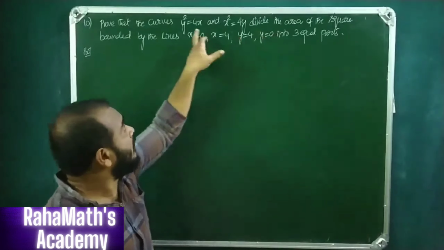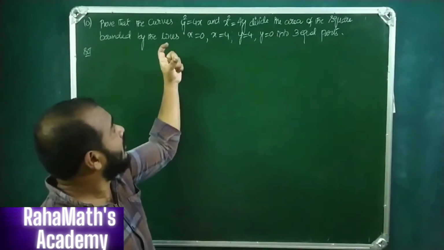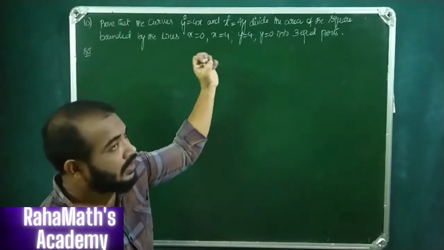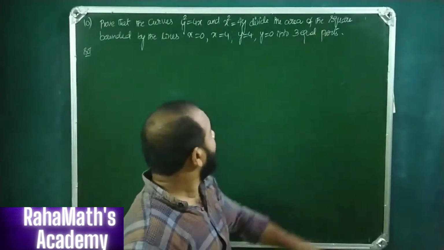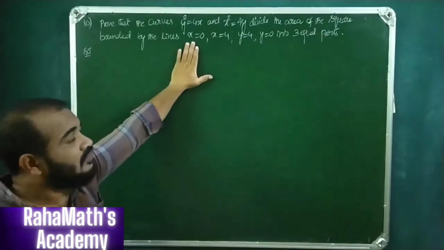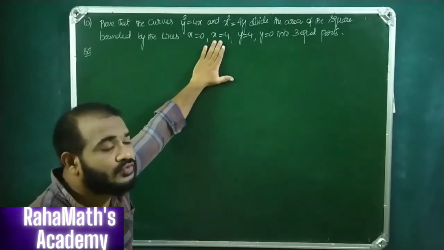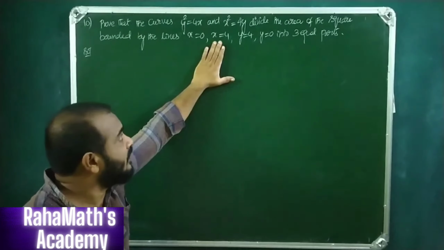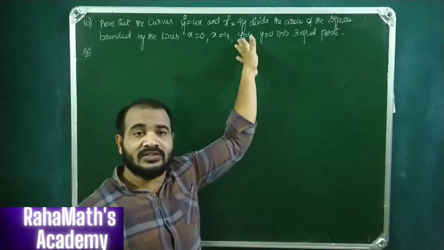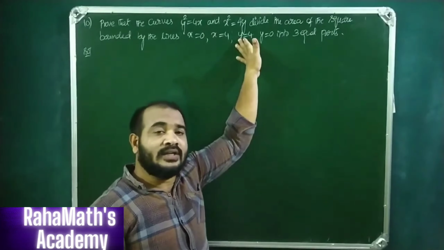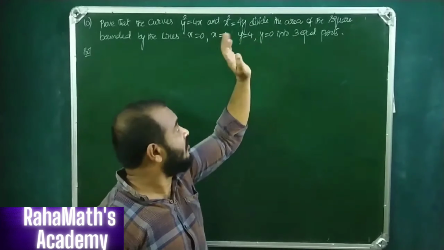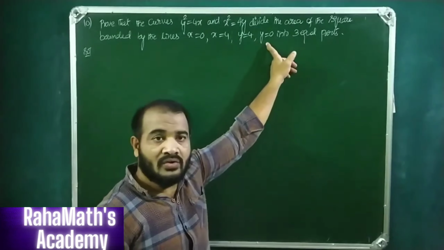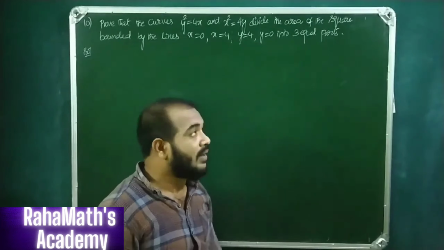This is an upward parabola, this is a right parabola. So the square is bounded by x equals to 0, which is the y axis, x equals to 4, which is a vertical line parallel to the y axis, y equals to 4, which is a horizontal line parallel to the x axis, and y equals to 0, the x axis.